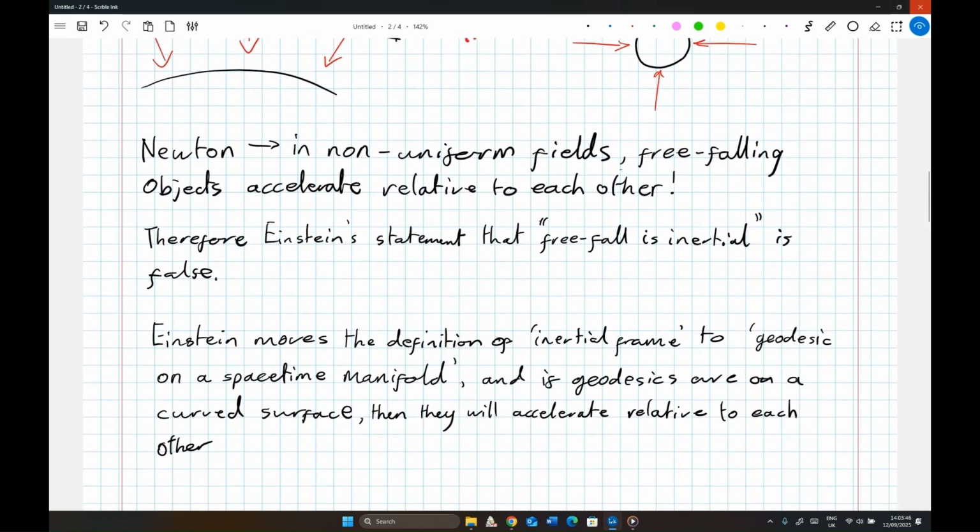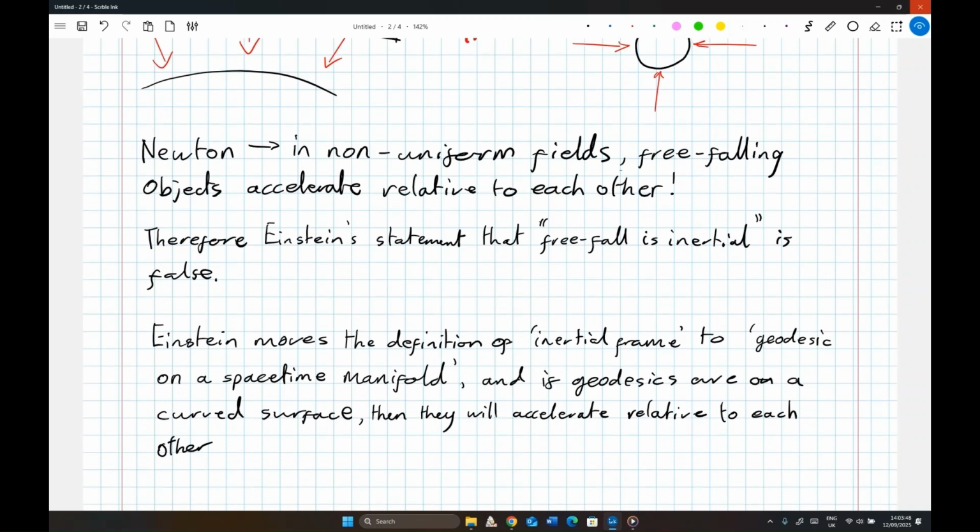But what does this mean for the surface of the Earth? Does this mean that the surface of the Earth is inertial? Well, no. The whole point of the arguments that were made by Einstein was to preserve the fact that the surface of the Earth is still non-inertial and that it is apples and satellites that are inertial.